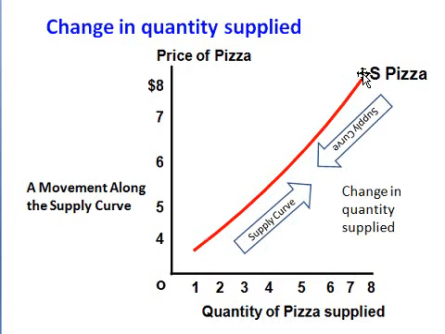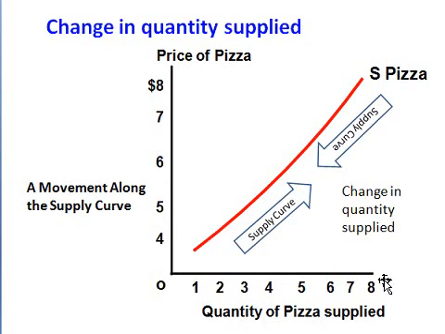Okay, actually here is the law of supply. When the price goes up, supplier profit goes up. As a result, they supply more, and when the price of pizza drops in the market, supplier profit goes down.